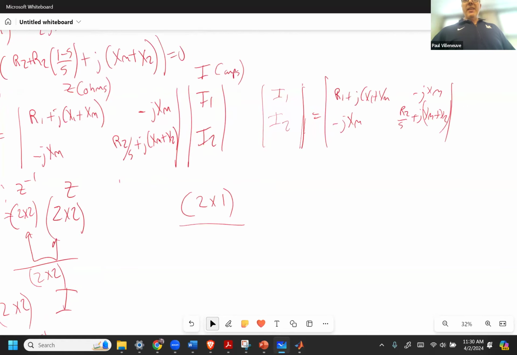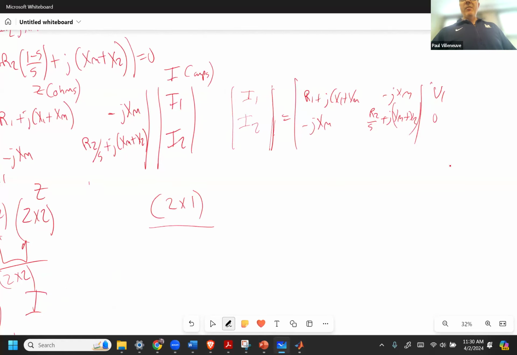And then I multiply that by V1 and 0. Oh, I forgot to say, this is the inverse of that matrix. Once I have that, I not only have the current going into the stator, but the equivalent rotor current. So I can calculate all those parameters.